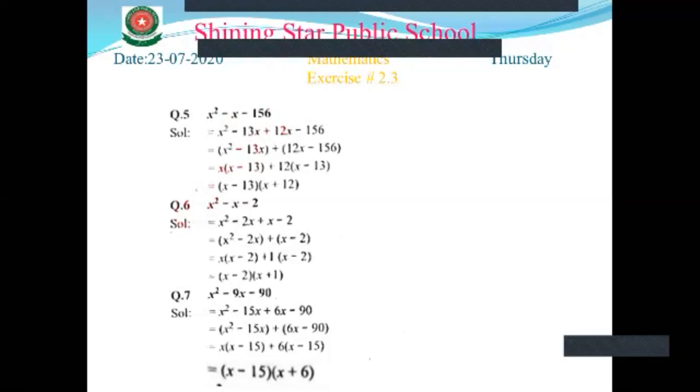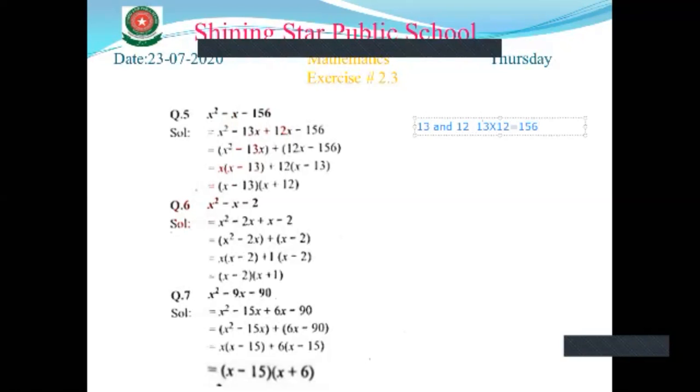We know that the numbers are 13 and 12. But if we multiply 13 with 12, it equals 156, but we must get minus 156. For minus 156, we can write minus with 13 or 12. It's up to you. Okay?